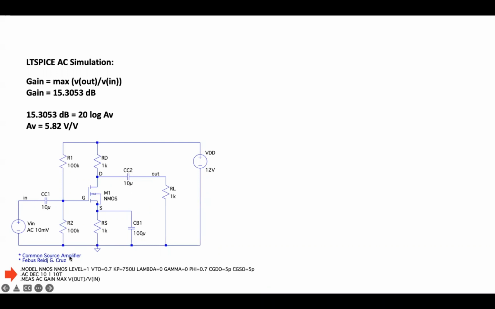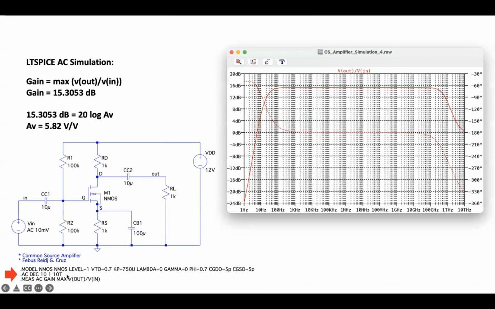Now, I did another simulation, but this time I increased the stop frequency from 100 kilohertz, I made it 10 terahertz. So tinaasan ko na yung frequency, no? Ginawa kong 10 terahertz. So that when we run the simulation, we'll be able to show that at low frequency, you start from low voltage gain, and then up to a certain frequency, you get the maximum gain.